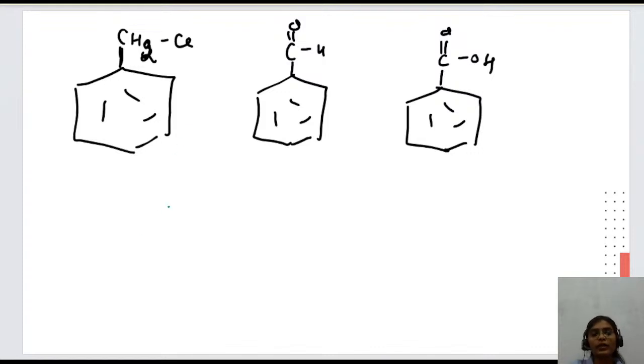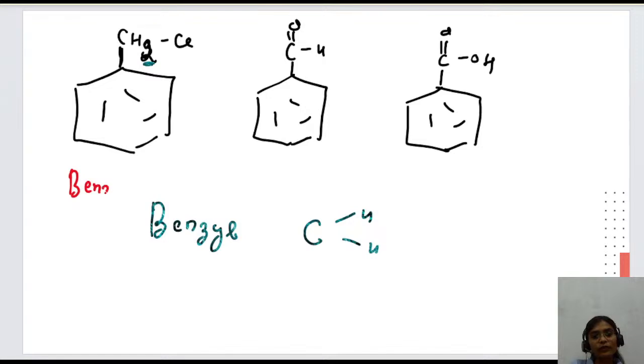Listen to my point. Do you know when we use the word benzyl? When the benzene is connected with a carbon, and the carbon is connected with two hydrogens. See this, in this case we have two hydrogens. The common name for this compound is benzyl chloride. How about the second one?